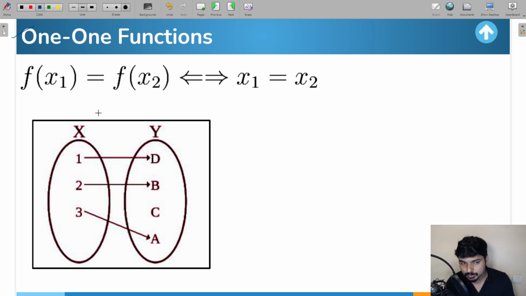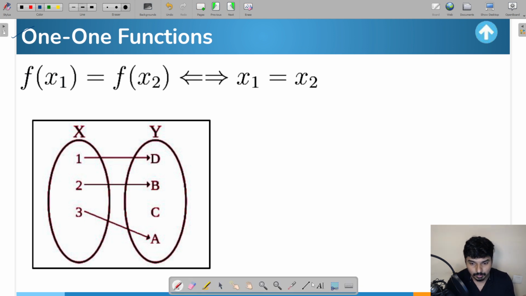A function is going to be a one-one function if any two elements in the first set do not have the same image in the second set. For example, if you see this Venn diagram, you can clearly observe that 1 is related to D, 2 is related to B, and 3 is related to A. And no two elements of the first set have the same image in the second set.